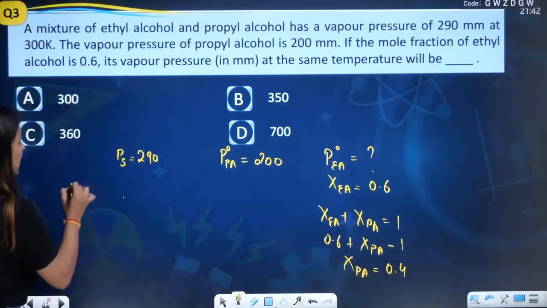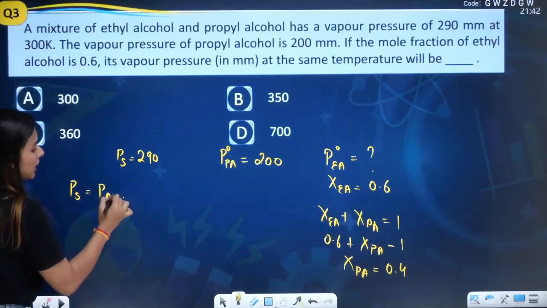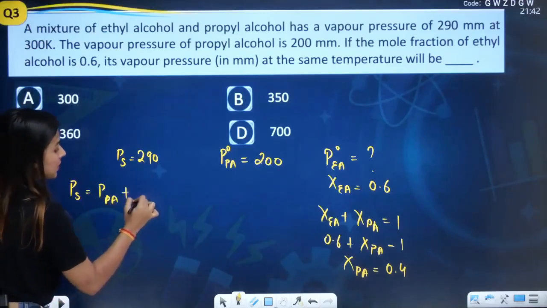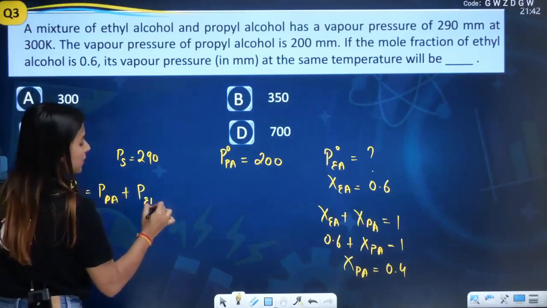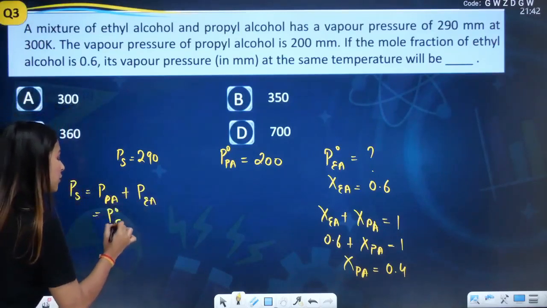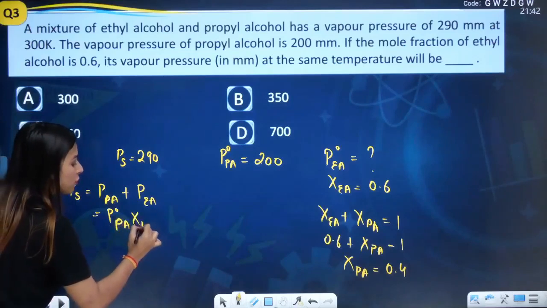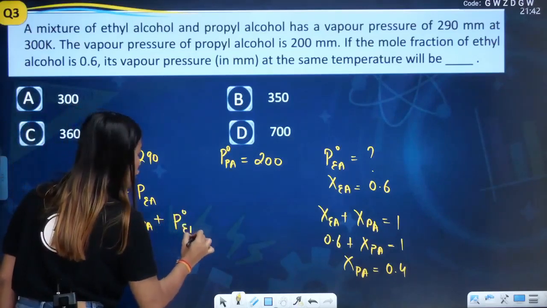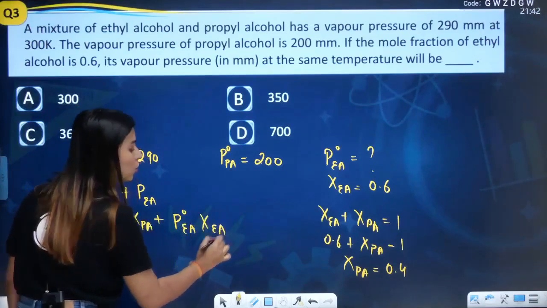I know that P of solution is equal to P of propyl alcohol plus P of ethyl alcohol. This is P naught of propyl alcohol into mole fraction of propyl alcohol plus P naught of ethyl alcohol into mole fraction of ethyl alcohol, right?